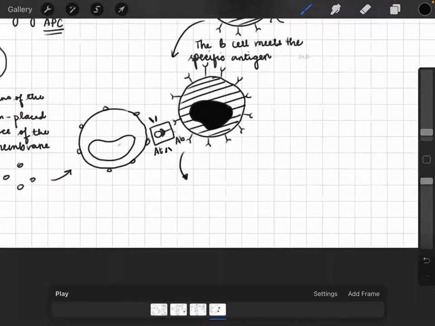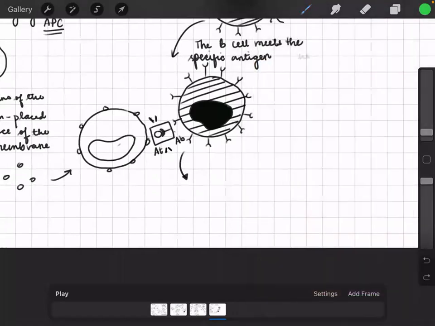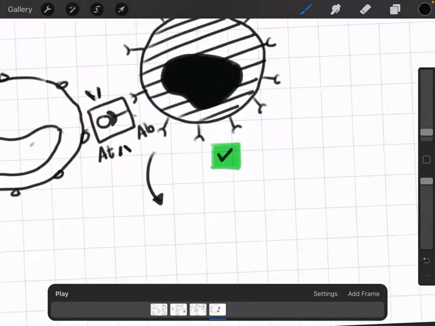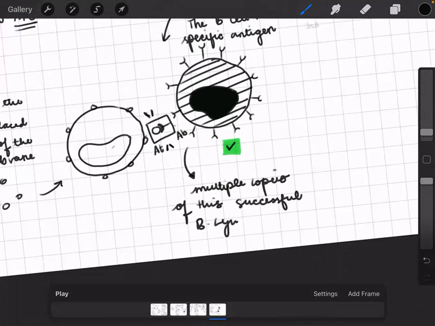So once you identify that this is the cell that is going to work against this particular bacterium, you are going to give an approval to this cell, and multiple copies of this cell are going to be created. So I'm going to write multiple copies of this successful B lymphocyte get made.